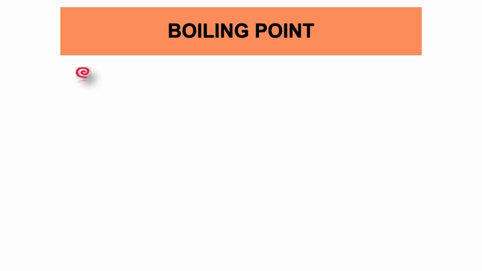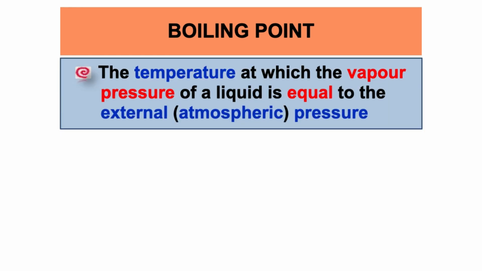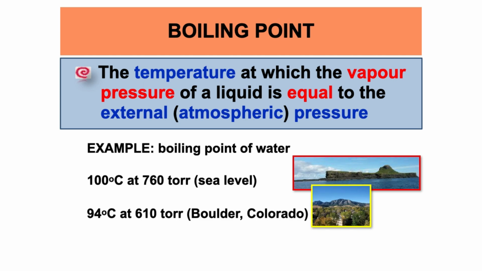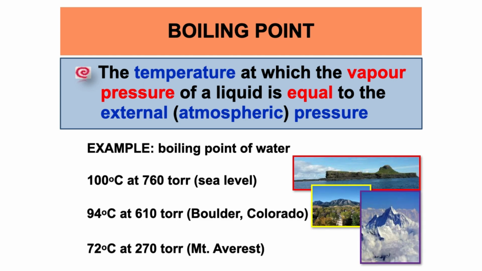Next, boiling point. What is the definition of boiling point? Boiling point is the temperature at which the vapor pressure of a liquid is equal to the external or atmospheric pressure. This is an example of the boiling point of water at different heights.